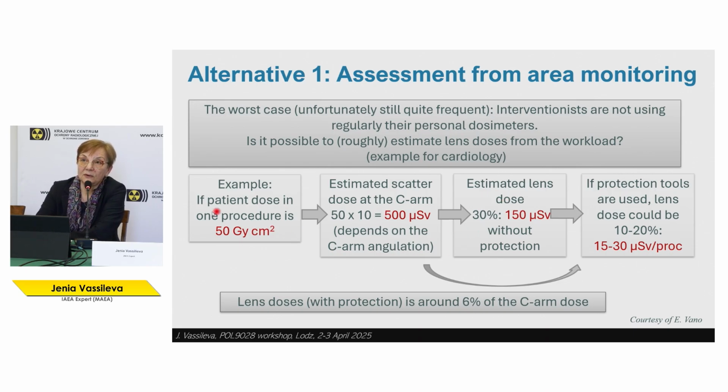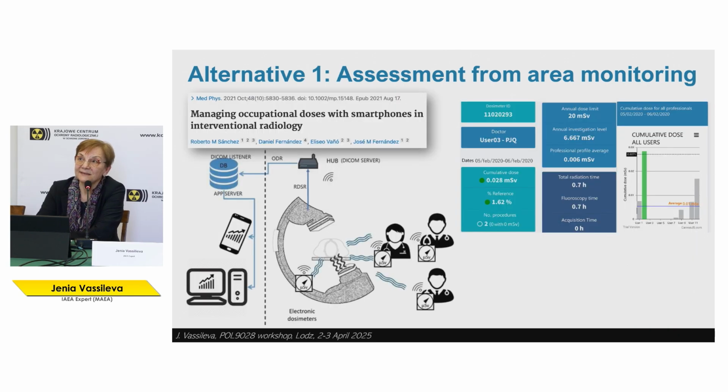Having recorded the patient dose, DAP, having recorded the C-arm scatter dose by the electronic dosimeter, and then applying corrections for the use of protection devices, you can reconstruct the dose and use this as an additional, alternative approach to measurement. It's not yet to replace.